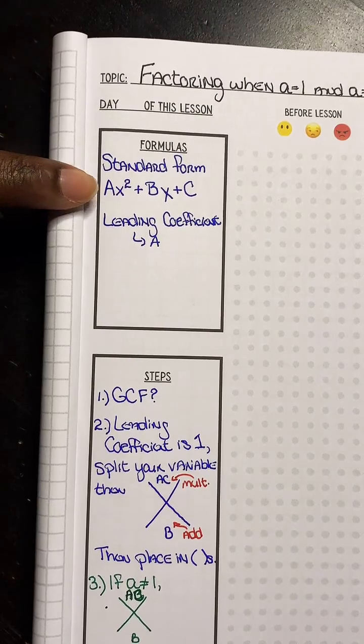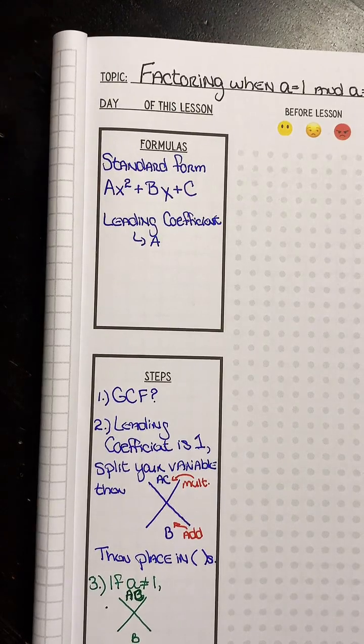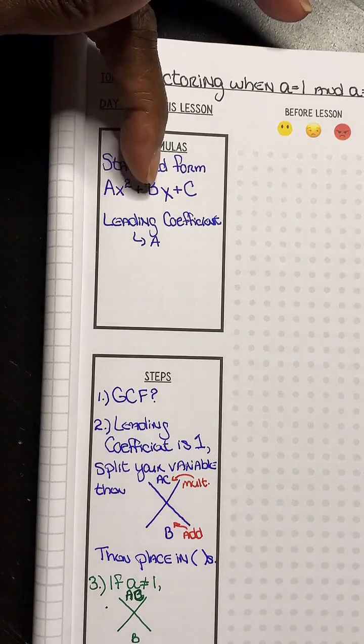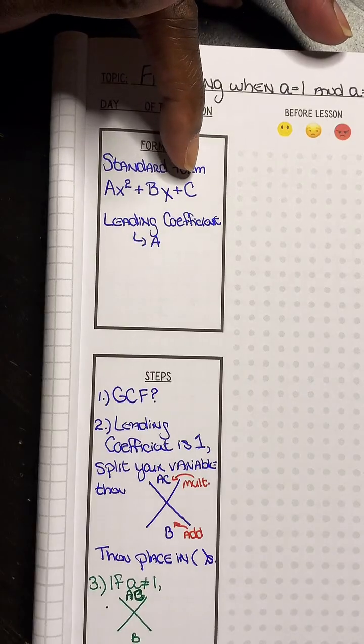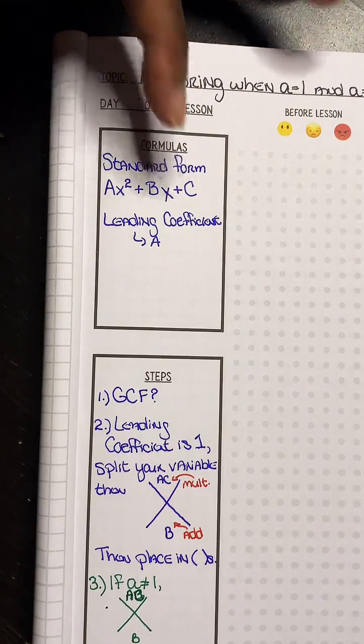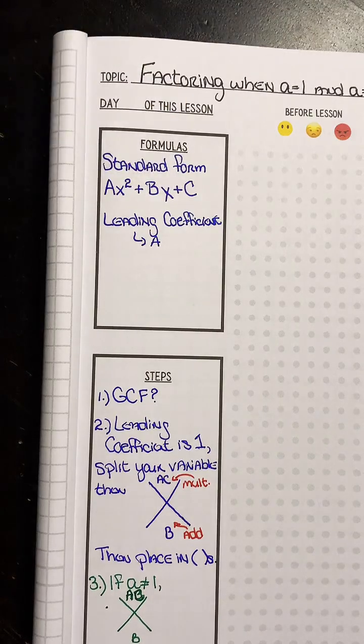The coefficient of the x squared is the a, the coefficient of the x is the b, and there's no coefficient on the last one, the constant is your c. It's going to be important to know which is which, because that's going to help us do the factoring if our a is equal to 1 versus when our a is not equal to 1.